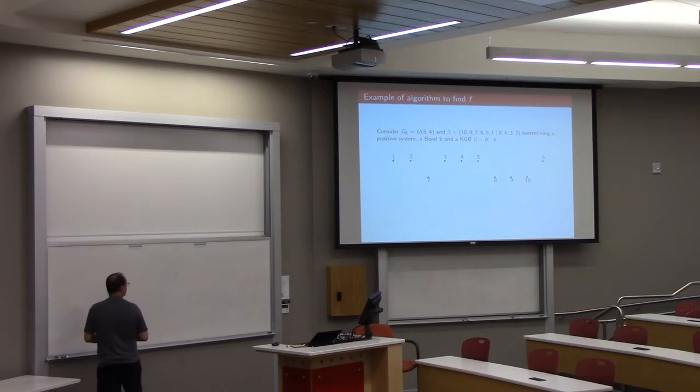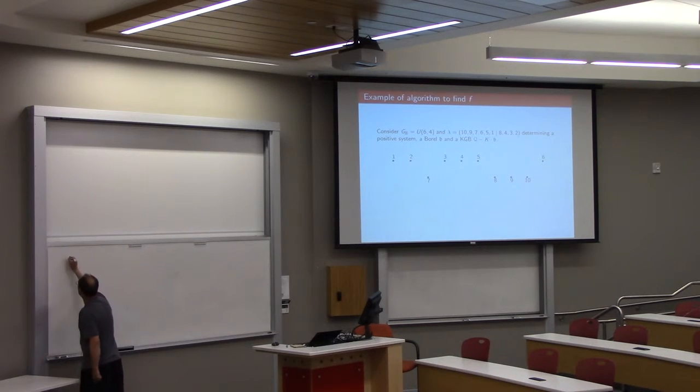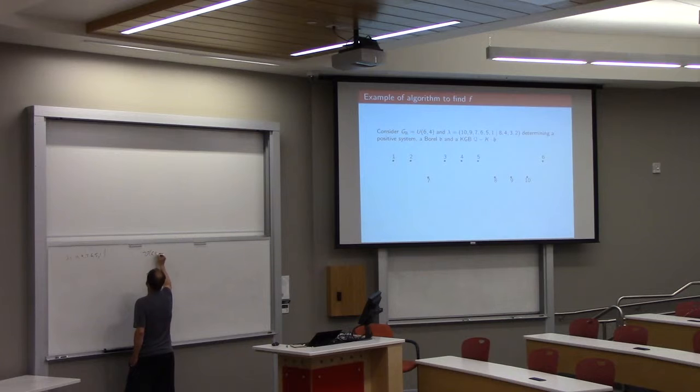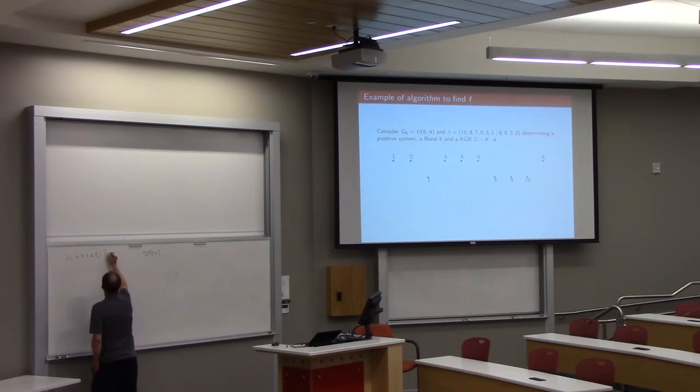And so what I do is I take lambda equals 10, 9, 7, 6, 5, 1, and this is in U(6,4), I think, and then 8, 4, 3, 2.